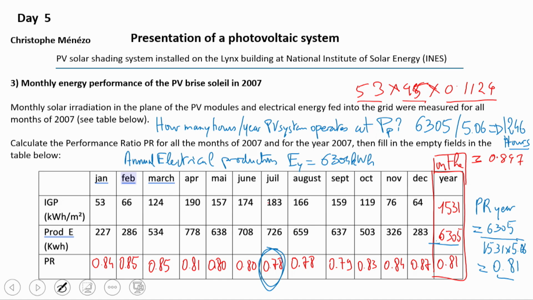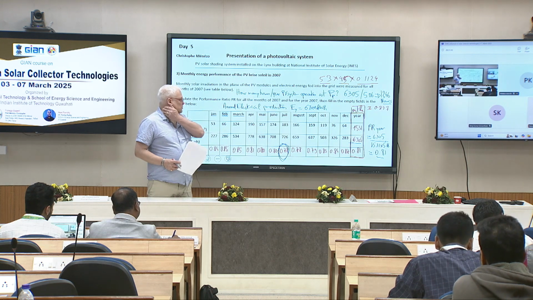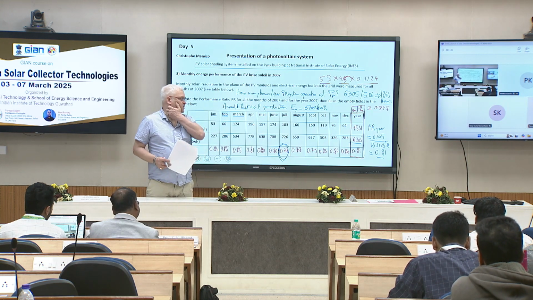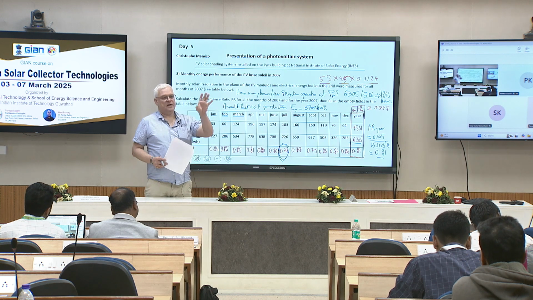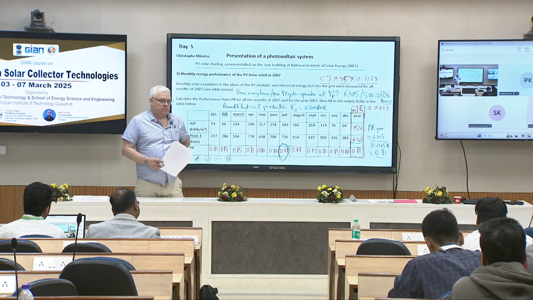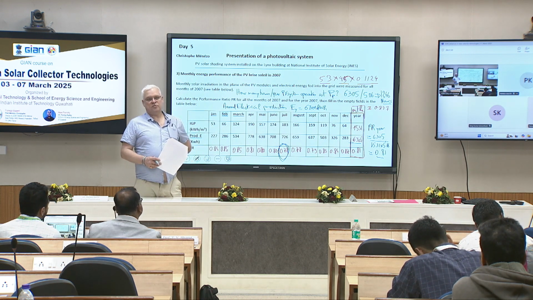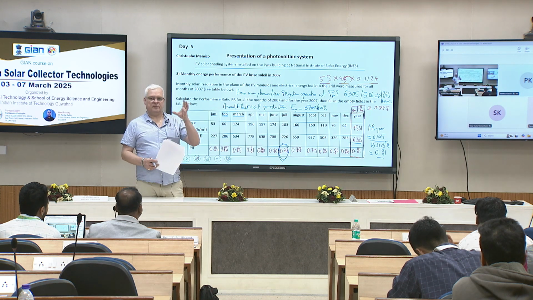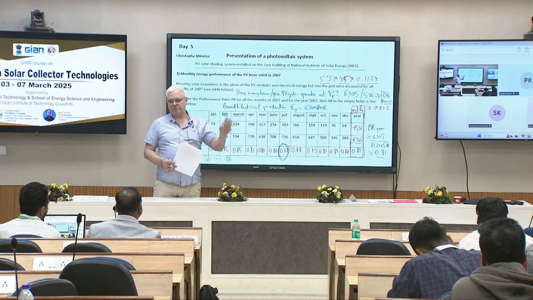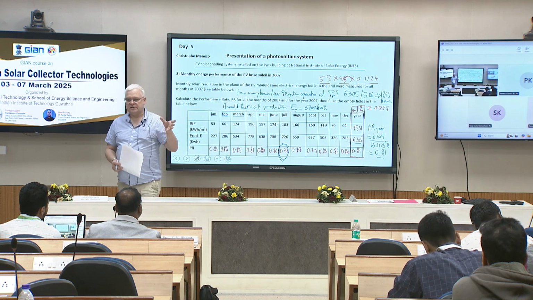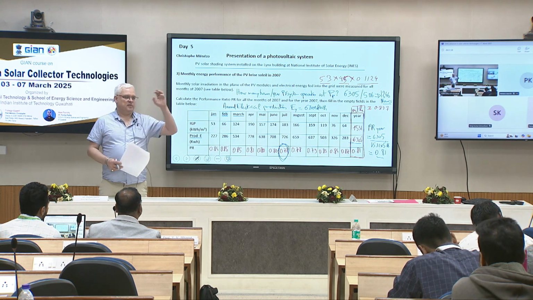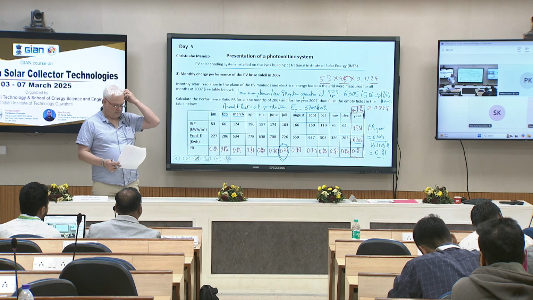It looks like if my PV central was operating during 1,246 hours at my power peak. It's not really the case, but just to have an equivalent, how many hours per year I can consider it will operate at maximum power.